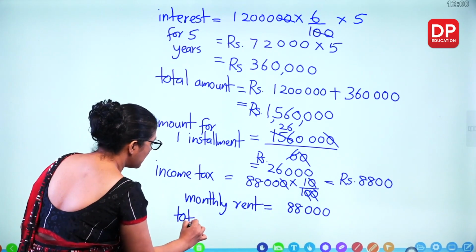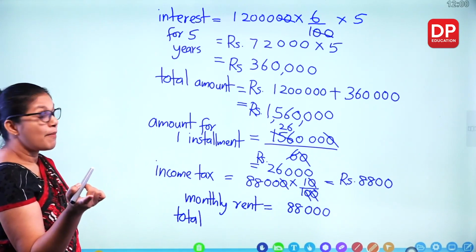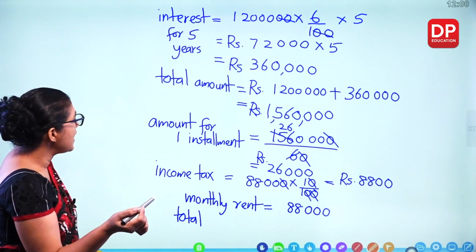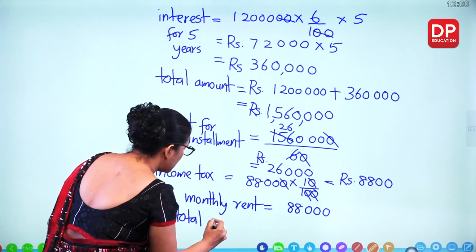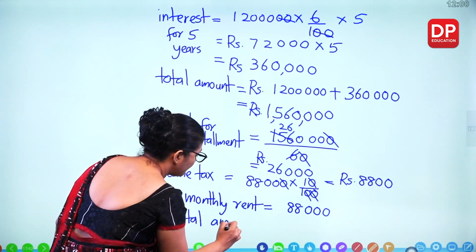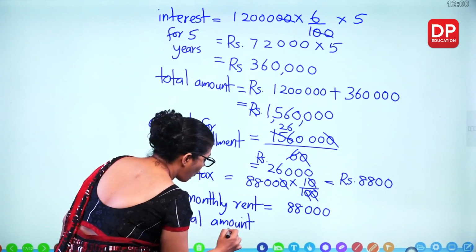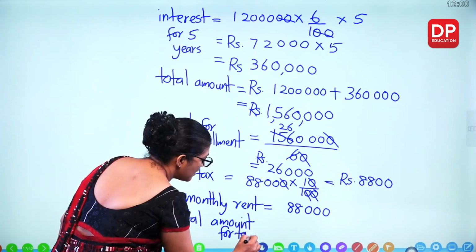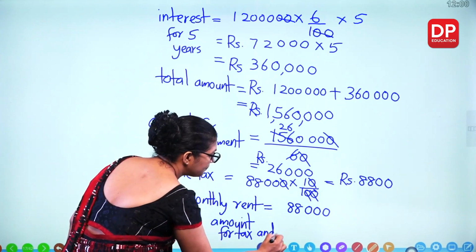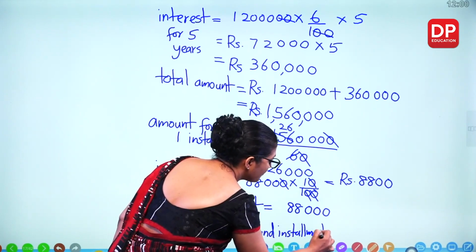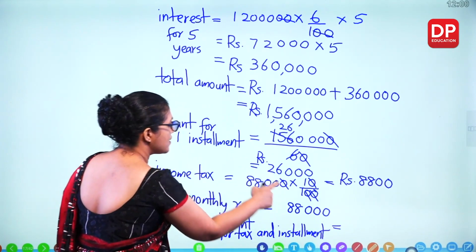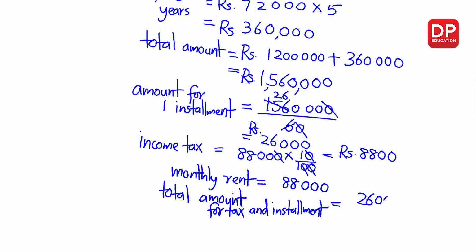Total amount he needs to pay for tax and installment, you have to add total amount for tax and installment, 26,000 plus 8,800. That's the total.